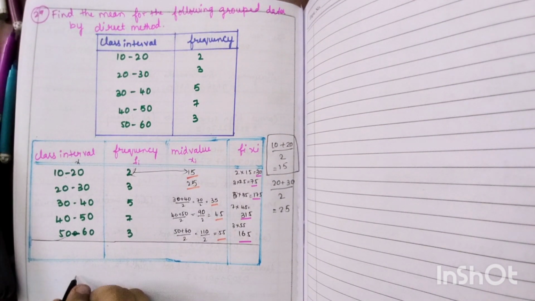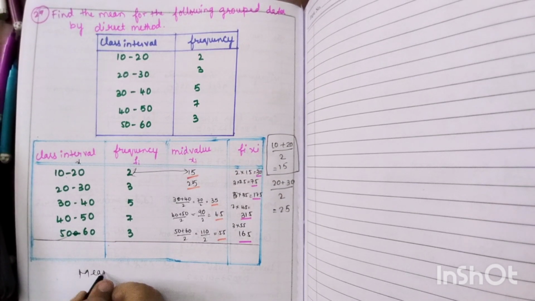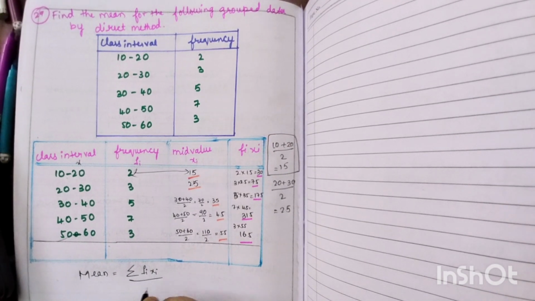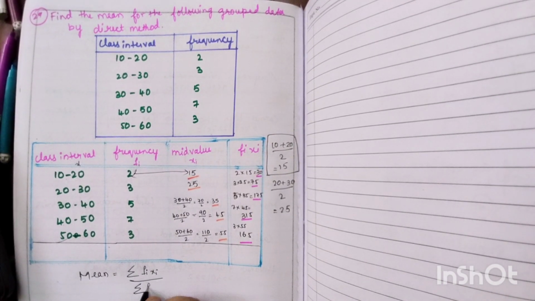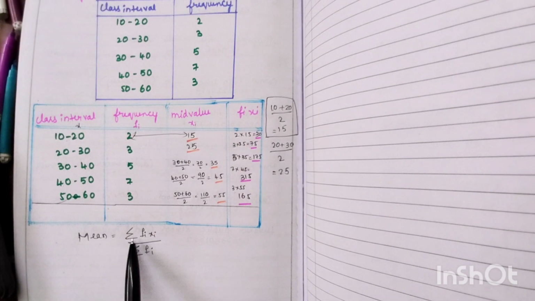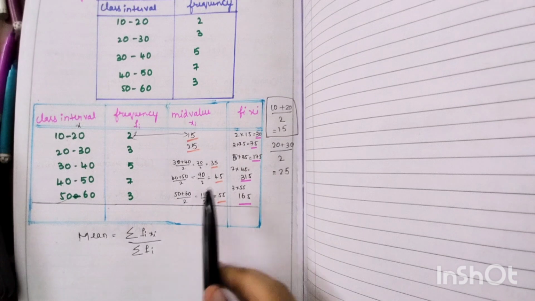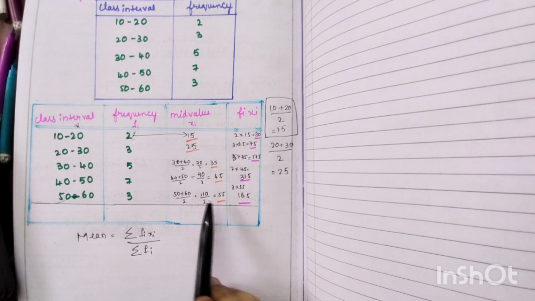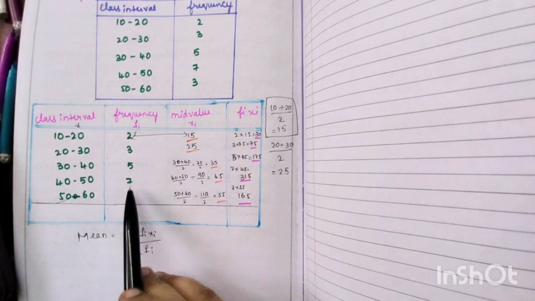The main formula is mean is equals to summation of fi and xi divided by summation of fi. So now they have told the summation of fi and xi. So summation means adding all these, add all this, and then summation of fi means adding all this.